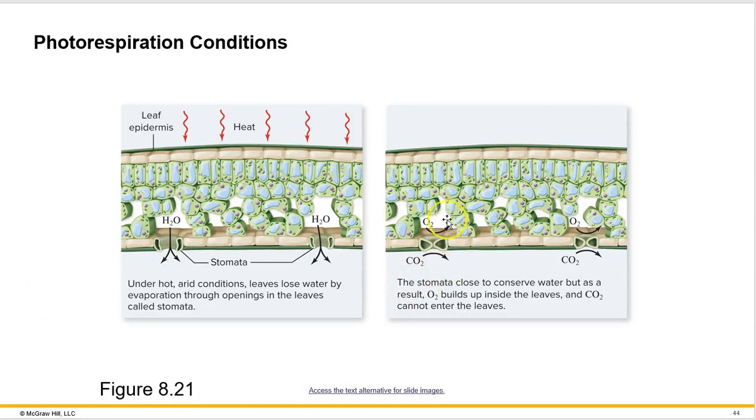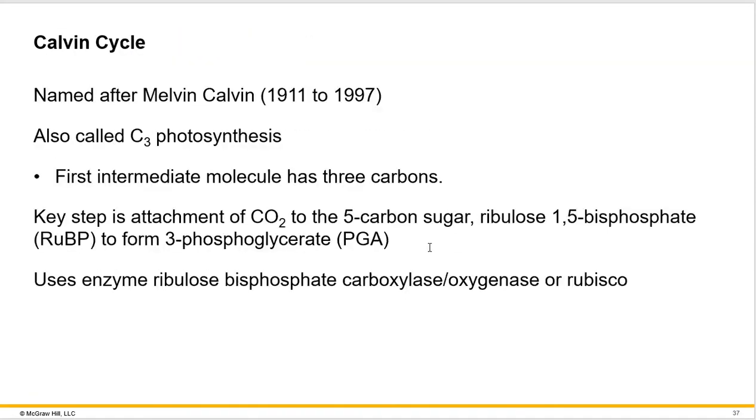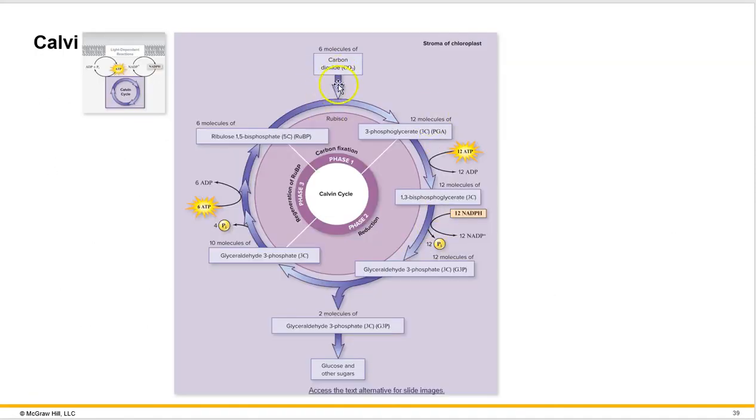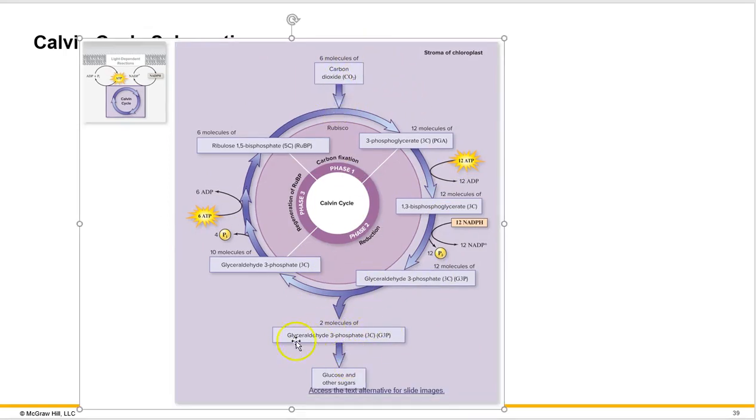Carbon dioxide can't get in, and so therefore carbon dioxide cannot enter into the Calvin cycle. But the problem is plants will keep spinning this wheel, but they won't put anything into the wheel, so they don't get any sugar out. But they're still spending their ATP and their NADPHs to spin the wheel, but if no carbons go in, no carbons come out.